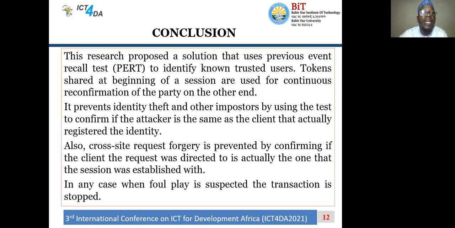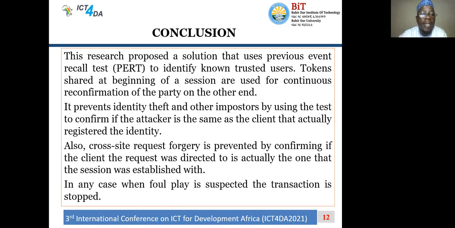In conclusion, this research proposed a solution that uses a previous event record test, which we call PRT for short, to identify non-trusted users. The no-party verification tokens shared at the beginning of a session are used for continuous confirmation of the party.